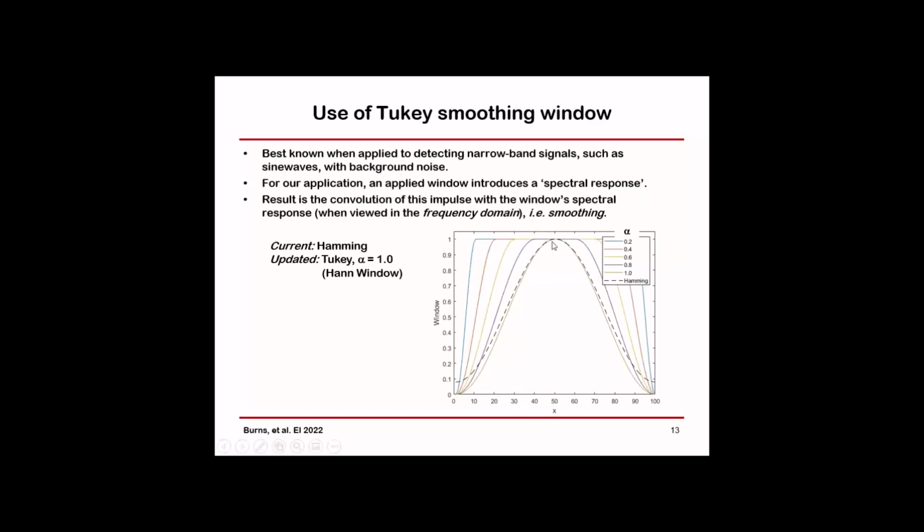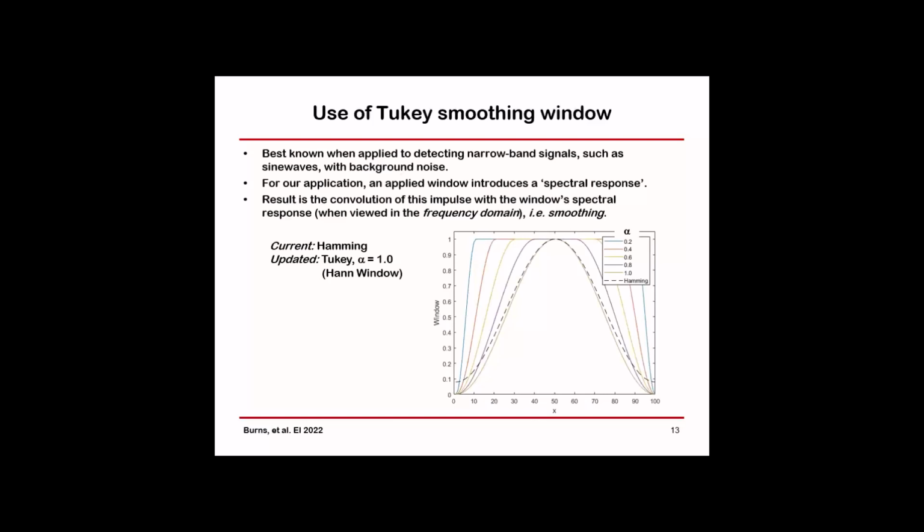For the narrower window, where alpha approaches 1, we see more smoothing. And for reference, I've included the current Hamming window, which is the dotted line here. The thought was that there could be areas near the end of an array that was to be transformed that would have noise that needed to be suppressed. So this Tukey window does go to 0 at the end, but other than that, the general shape is very similar, at least for high alpha.